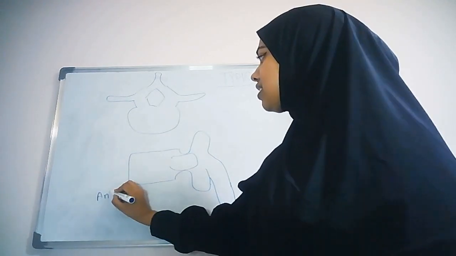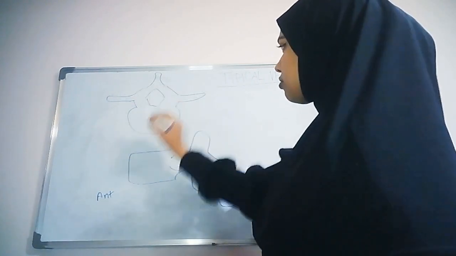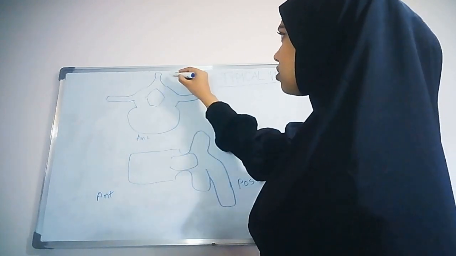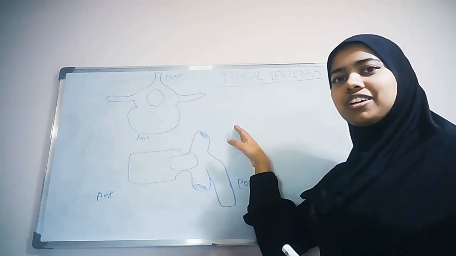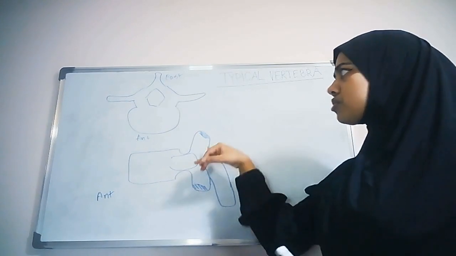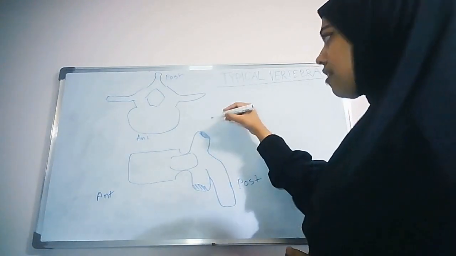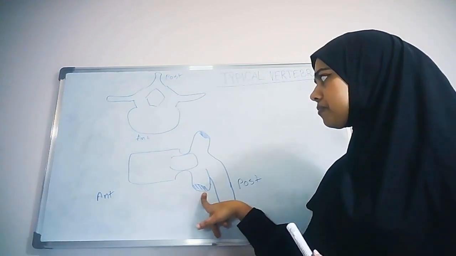This would be the anterior, and this is posterior. And here from a superior view, it will be anterior here at the front, and posterior here towards the back. And let's not forget the flat surfaces on our processus articularis superior and inferior. This was facies articularis superior, facies articularis inferior.